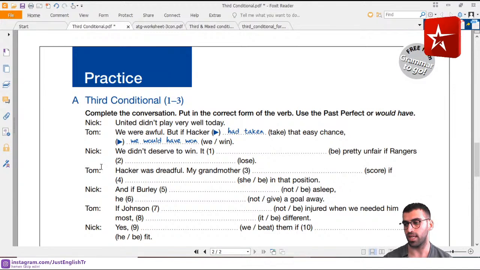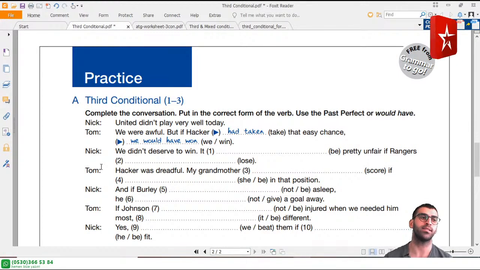Artan Techno says we can use could and might instead of would in the main clause. Yes, we can, as I told you, in order to talk about possibilities. If we talk about a possible situation in the past, we can use might. For example, if I had studied very well, I might have moved to a different country.